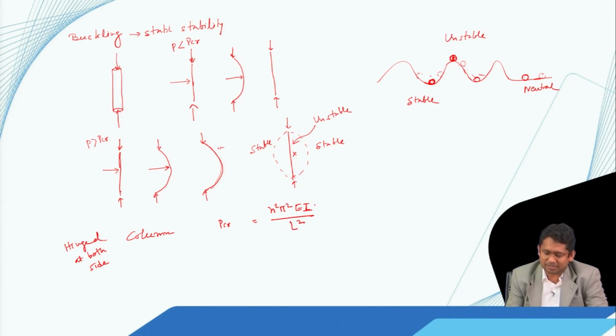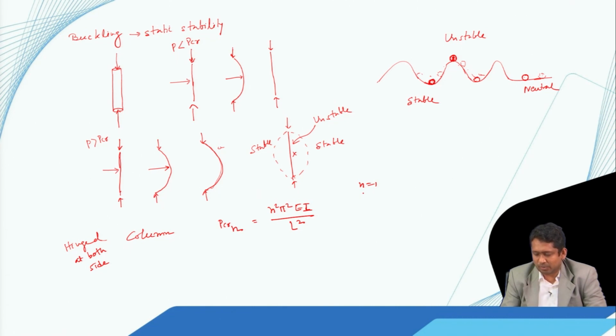E is the elastic modulus, I is the moment of inertia, and L is the unsupported length, the length between the two hinges. So we can call it P_cr,n, that means the nth critical buckling load. When n is equal to 1, it is pi squared EI by L squared; n is equal to 2, 4 pi squared EI by L squared, and so on.